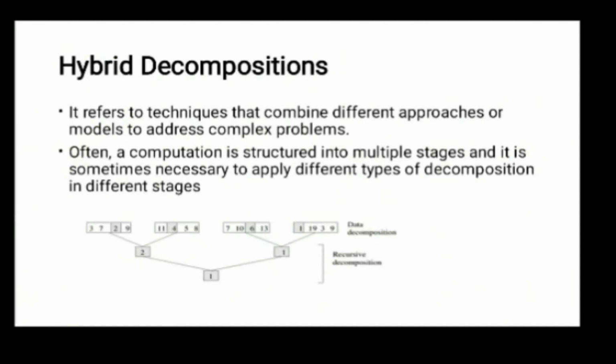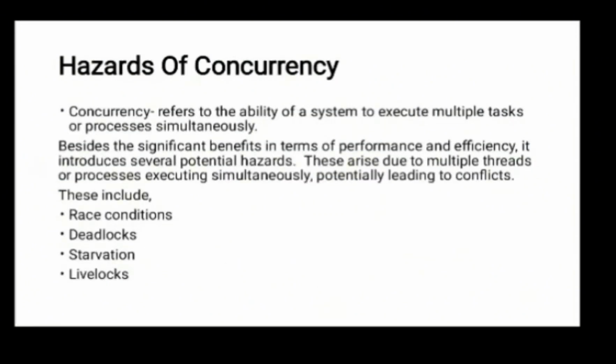So we shall look at the hazards of concurrency. But before, you have to know what concurrency means. As you can see, concurrency is simply the ability of a system to execute multiple tasks or processes simultaneously.